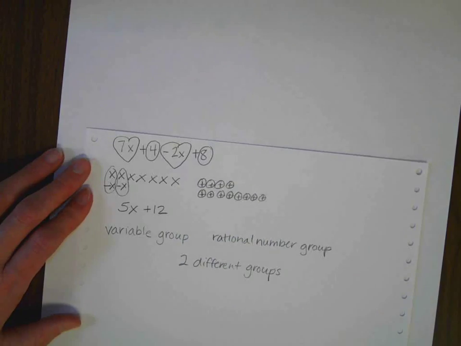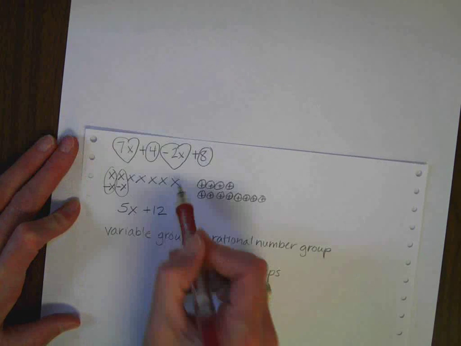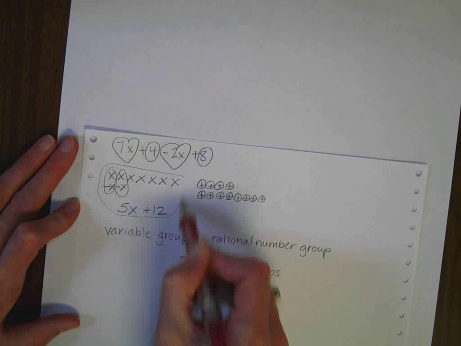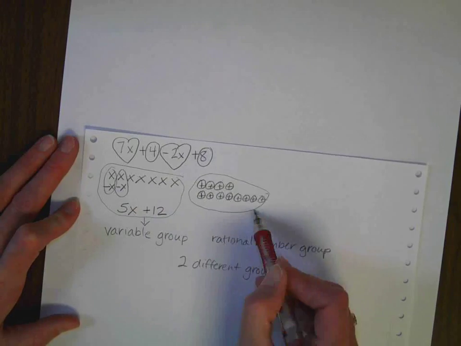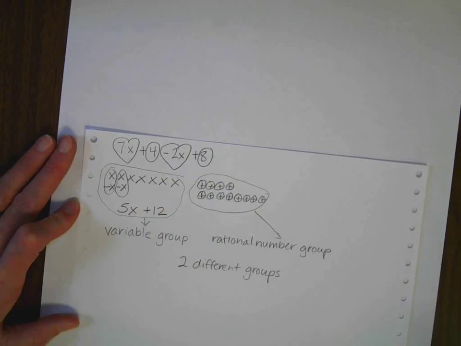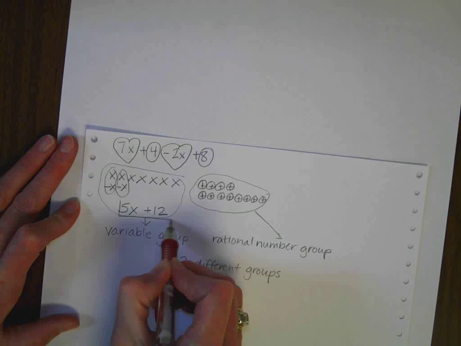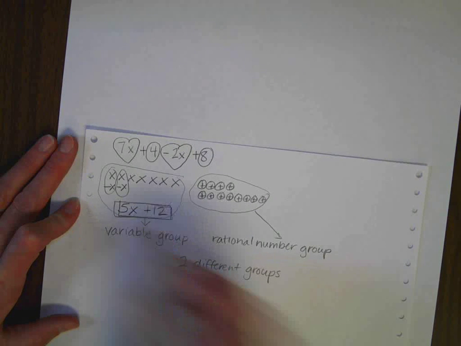And then once we figured out that they were 2 different groups, that's how we combined them. We combined all the variables in the variable group, and we combined all of the rational numbers in the rational number group. And we came up with this new expression right here.